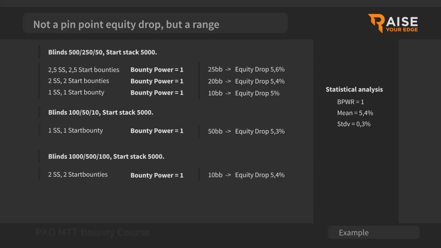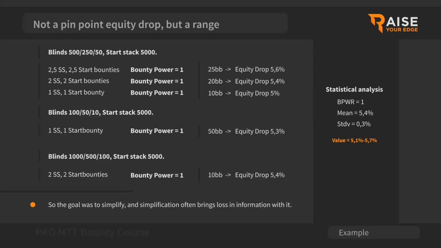Because the equity drop numbers are Gaussian distributed, we can use the mean and the standard deviation, and in the end give you a very good value with a very consistent confidence interval. So for a bounty power of 1, for example, if you have done all the analysis, then the value will be between 5.1% and 5.7% for most of the cases.